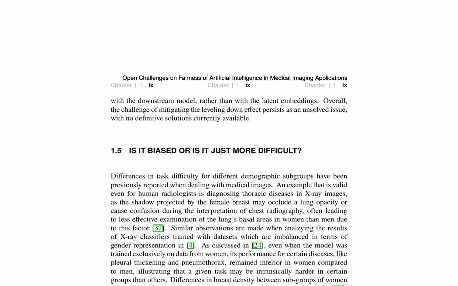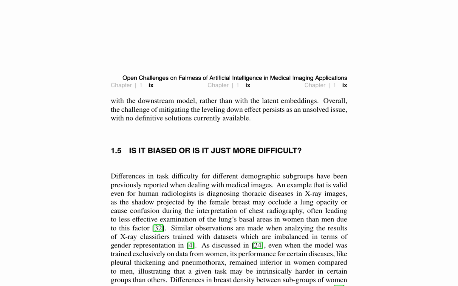Similarly, X-ray classifiers trained on datasets with imbalanced gender representation exhibit inferior performance for certain diseases in women. Even when models are trained exclusively on data from women, their performance for diseases like pleural thickening and pneumothorax remains inferior in women compared to men, illustrating that a task may be intrinsically harder in certain groups than others.